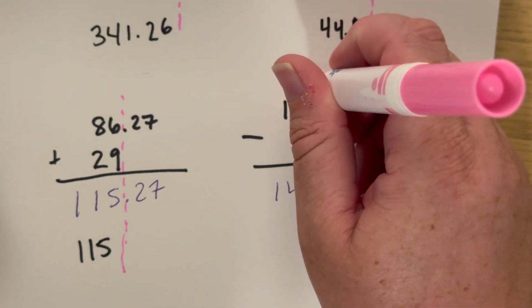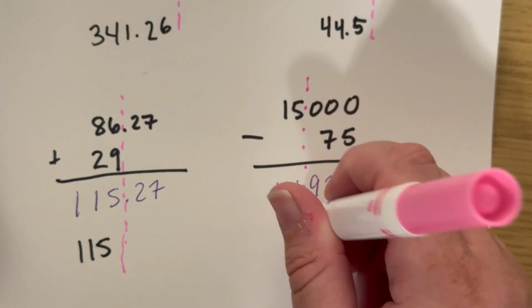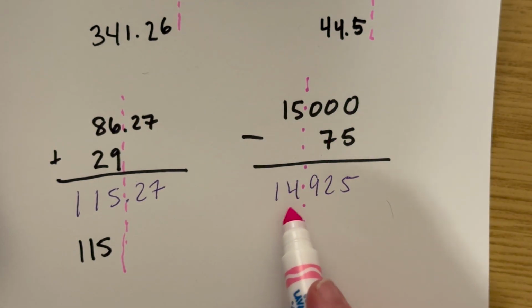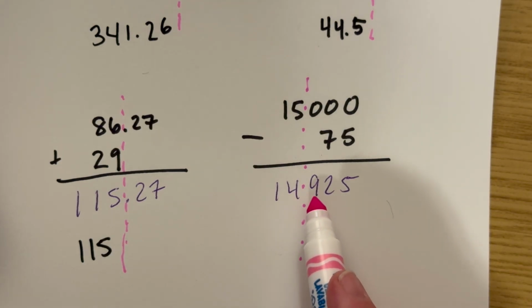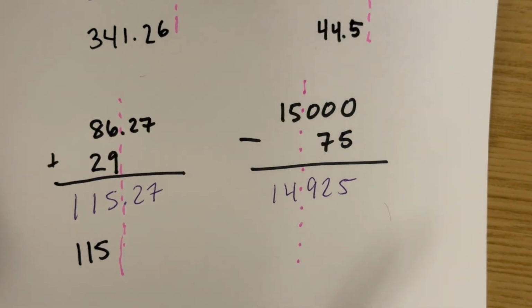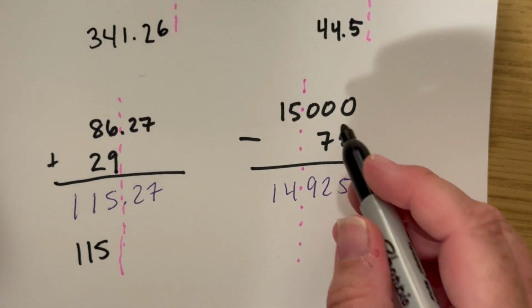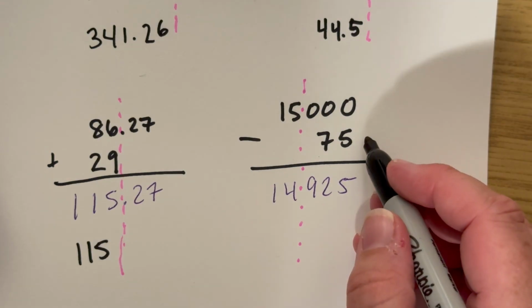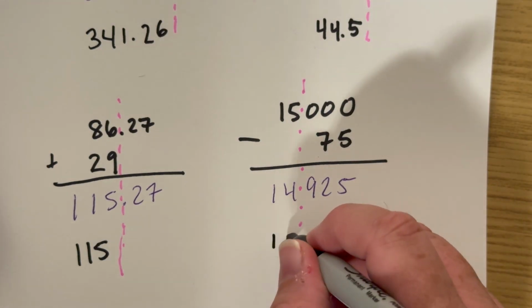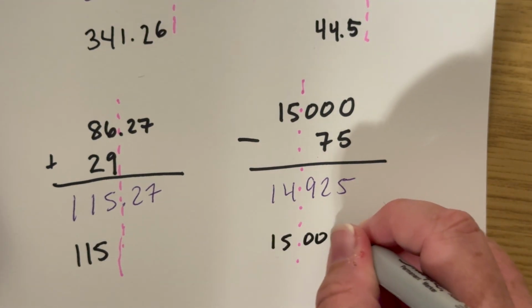So when we come down here, we still can only take these two digits as being significant, and with the 9 there, it rounds up. So our answer, even though we watched 75 go, is 15,000.